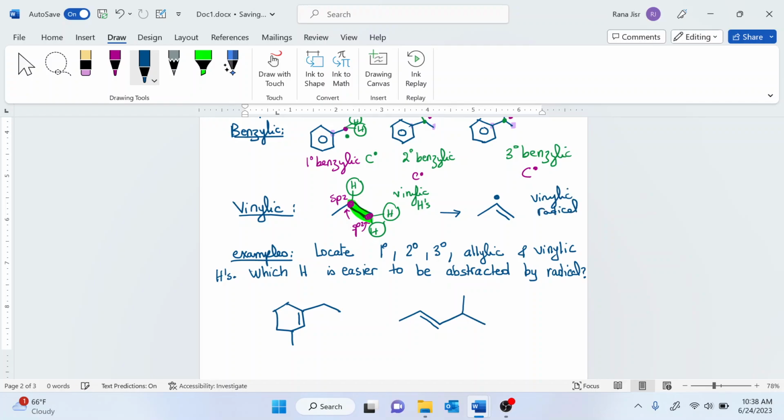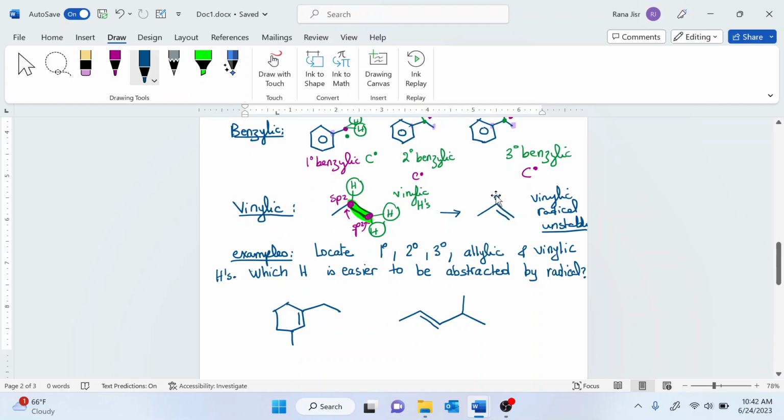And that radical is completely unstable. So this is going to make that bond between the sp2 hybrid carbon and the hydrogen a stronger bond because you generated an unstable radical.